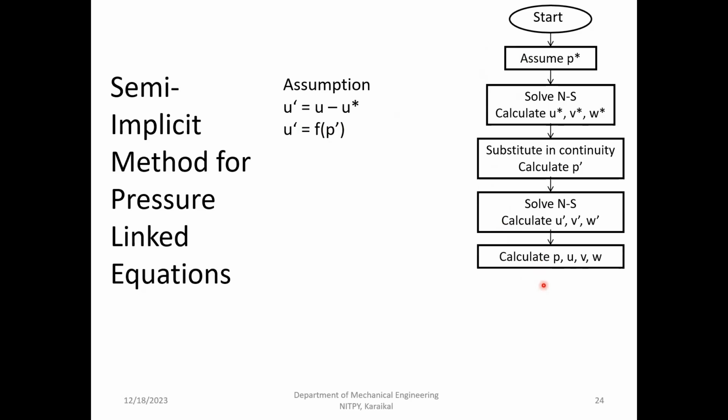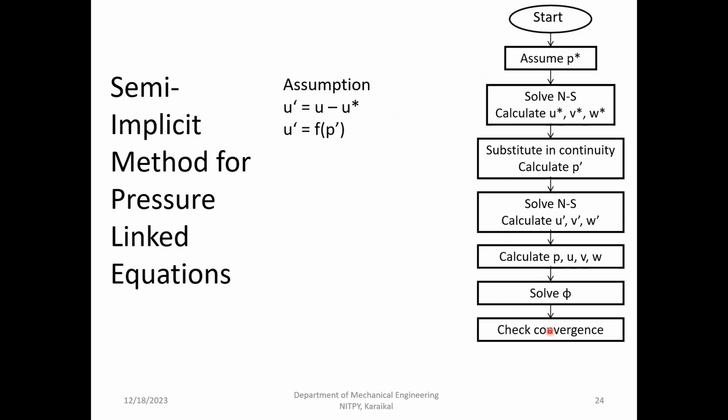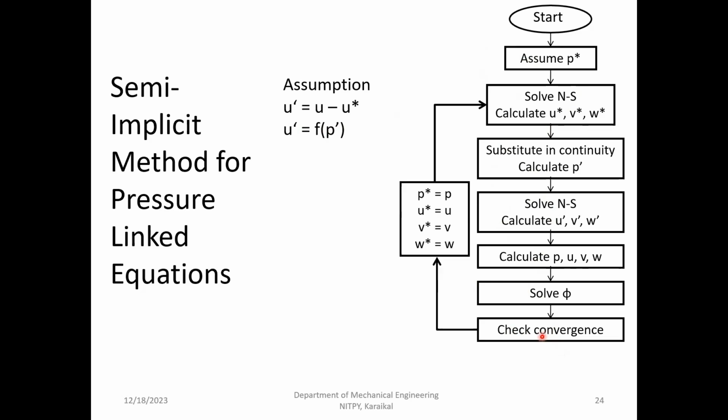Then you calculate the actual pressure and velocities, and check whether the solution is converged. If it is converged, you can go to the next step, or you have to reassume the value of P. This method is called SIMPLE, or Semi-Implicit Method for Pressure-Linked Equations. When pressure and velocity have to be solved, you have to choose that particular method.